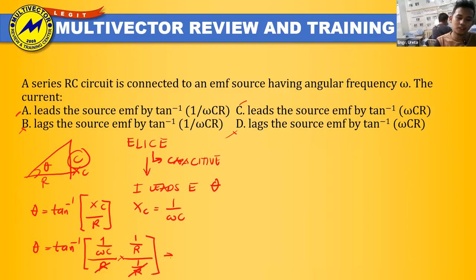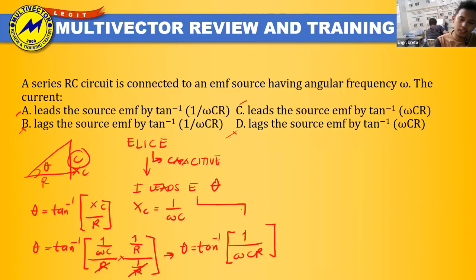Therefore, ang matitira dito, our theta is arctangent ng 1 all over omega C R. Kaya ang tamang sagot, I leads E by arctangent 1 all over omega C R. Kaya ang tamang sagot, letter E.